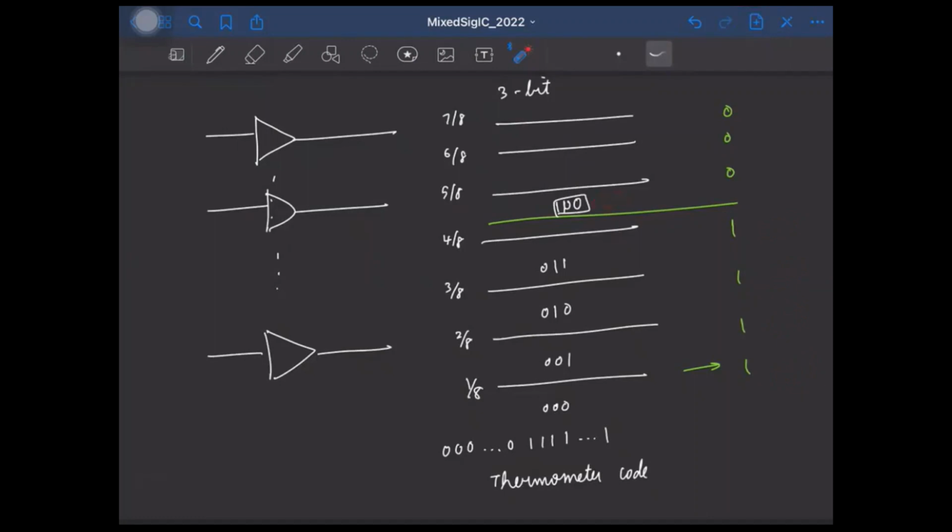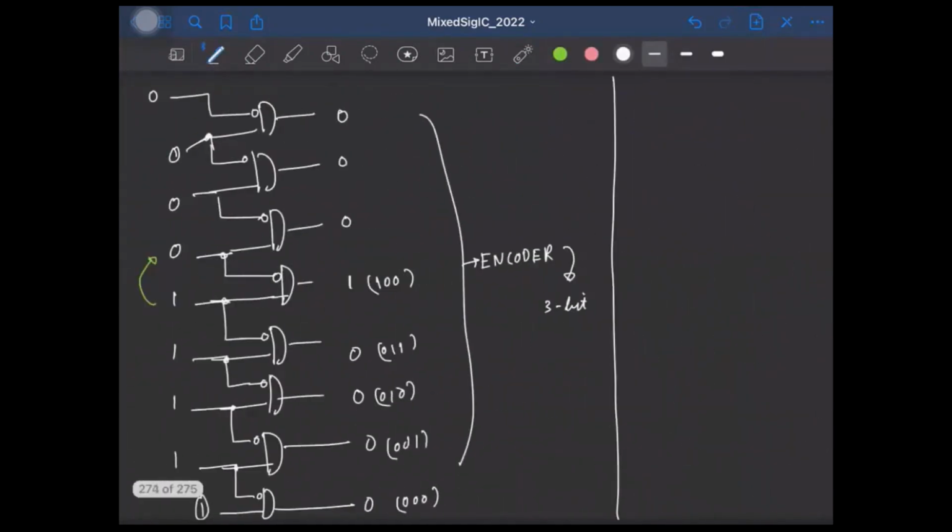So essentially, the equivalent binary code is the number of comparators that produced an output of 1, that is simply the number of ones in the thermometer code. So one simpler solution is to take the thermometer code and give it to an adder. You take all the 7 bits, 0001111, and give all these bits to an adder.